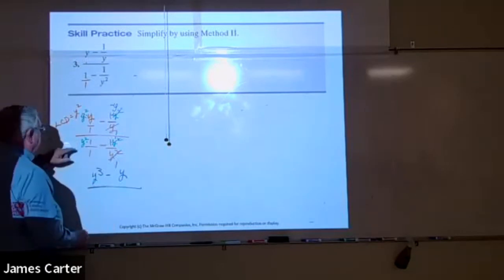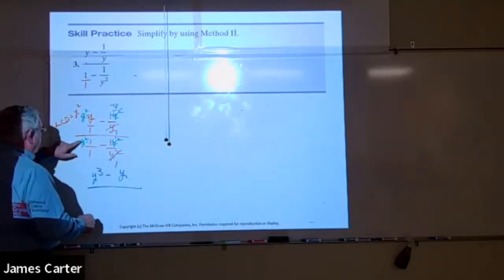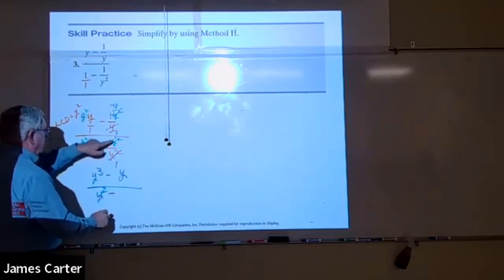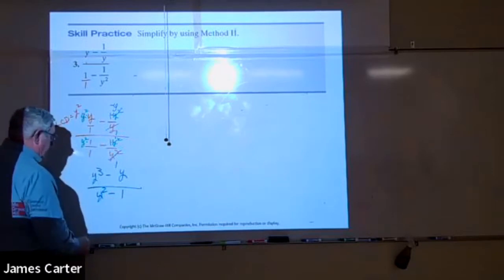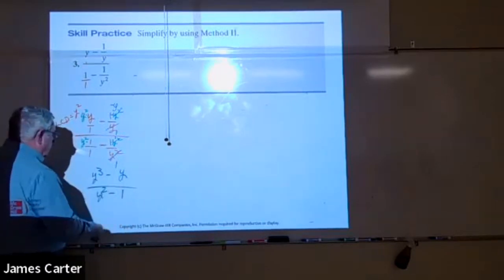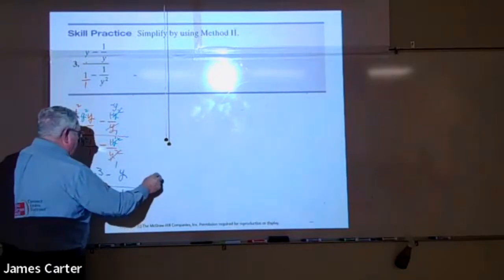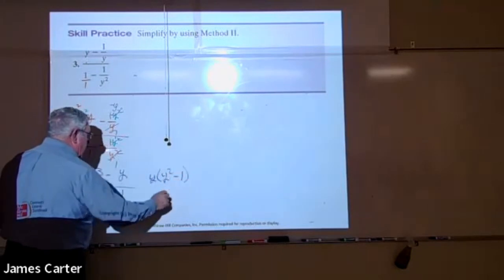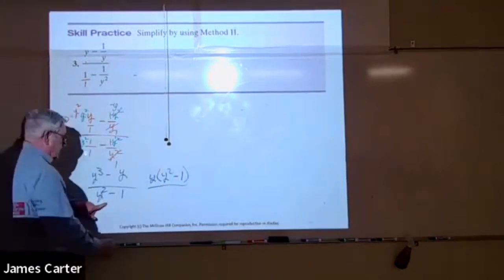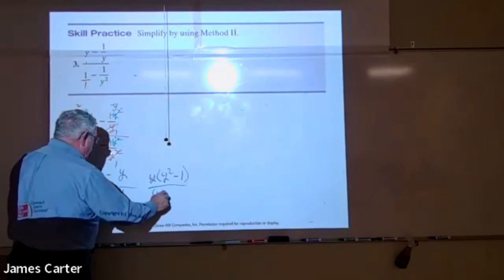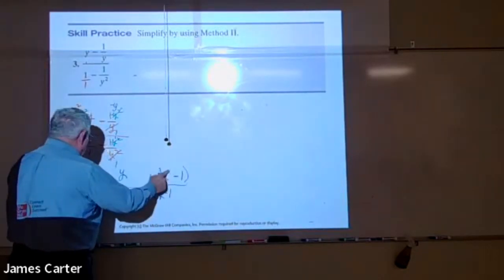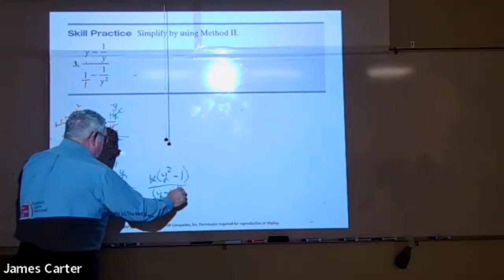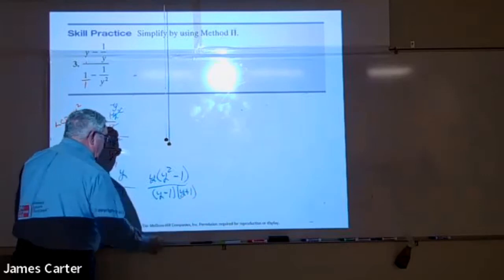Okay, over, now we'll do the denominator here, y squared times 1 minus just 1. Now, this thing will do some factoring. We can factor a y out of this, and we get y squared minus 1. We can factor this, it's a conjugate, y squared minus 1, y minus 1 times y plus 1.